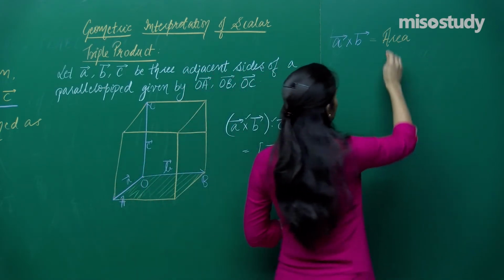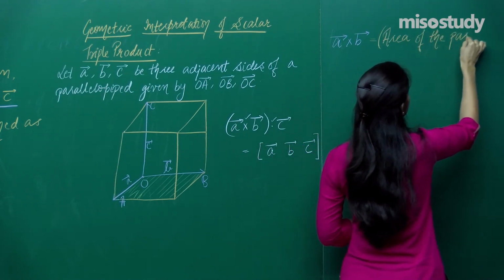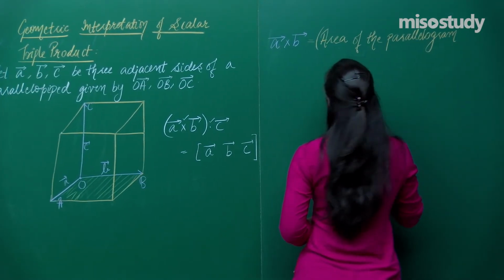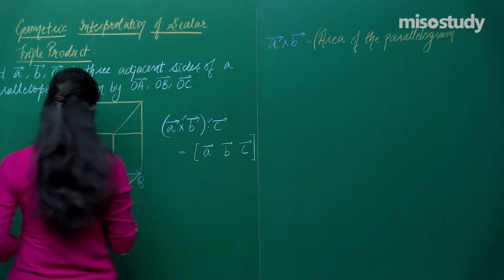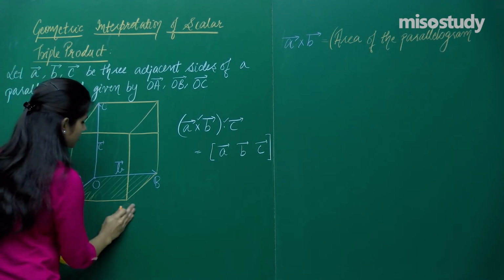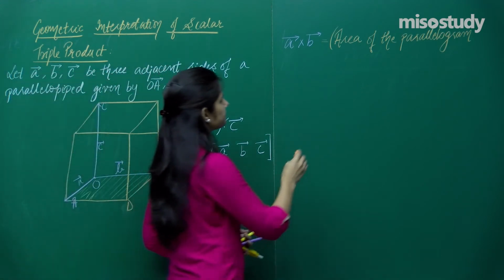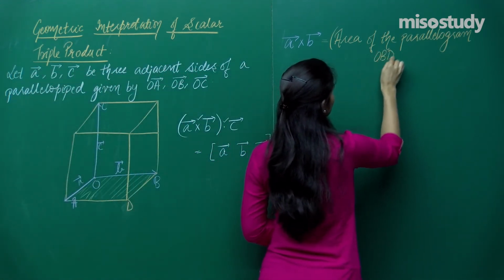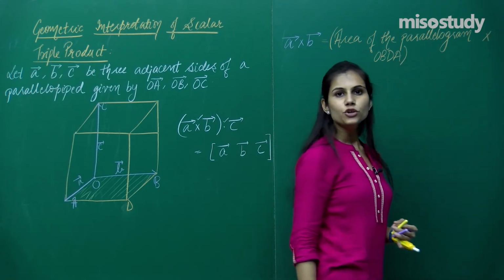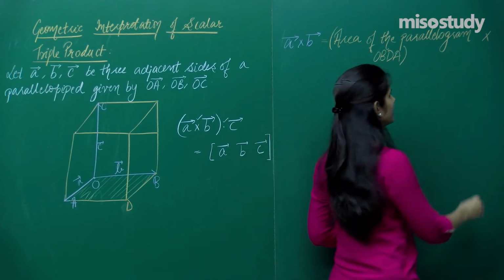So I can say magnitude, which is area of this parallelogram. If this is A, this is B, this is O, and this is say D, I have OBDA. Multiplied by unit vector in the direction perpendicular to the plane containing this parallelogram.